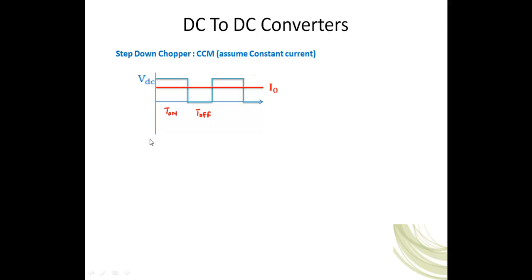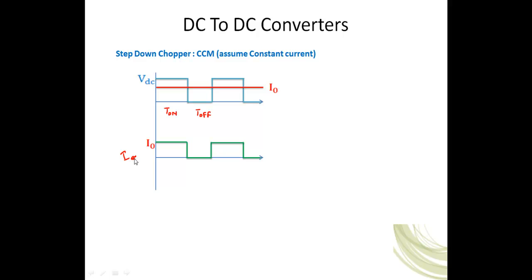Okay, so now in the step down chopper, if the load current is constant, then what will be the waveform for diode and thyristor current, or maybe source current. If you take that, this is the current waveform for thyristor.